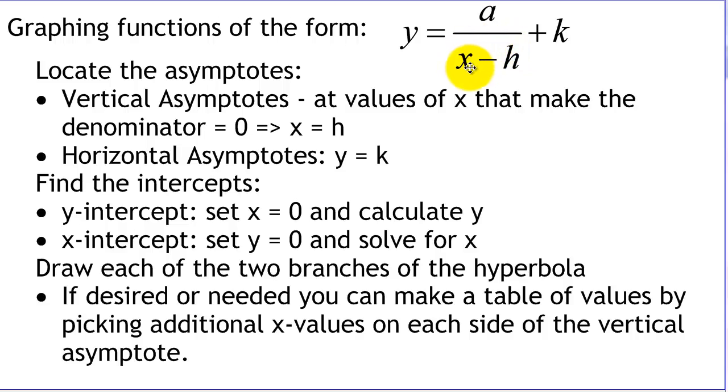So if we solve this equation for the denominator equal to 0, we would be adding h, so we get x equals h. Again, that's our vertical asymptote.